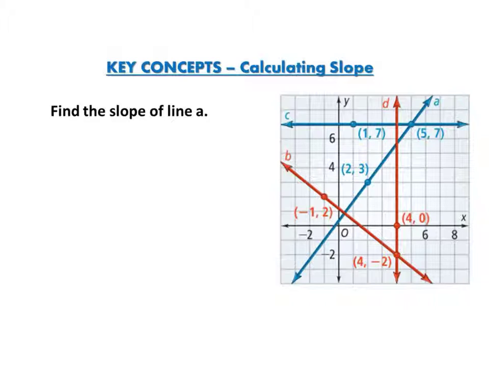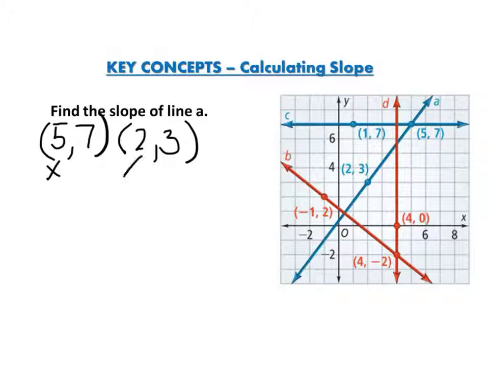All right, the first one we're going to look at is the slope of line A. The first thing I'm going to look at is notice that it goes up and to the right. That means it has a positive slope. Then I'm going to look at the y values. Now my points on line A are (5, 7) and (2, 3).